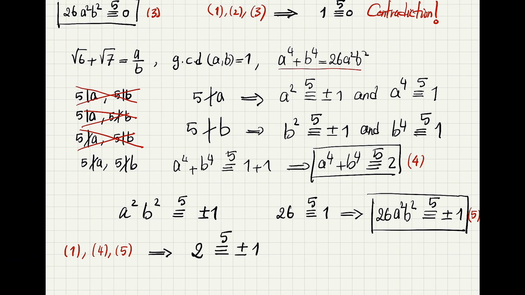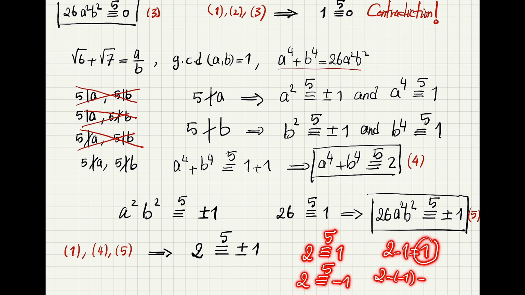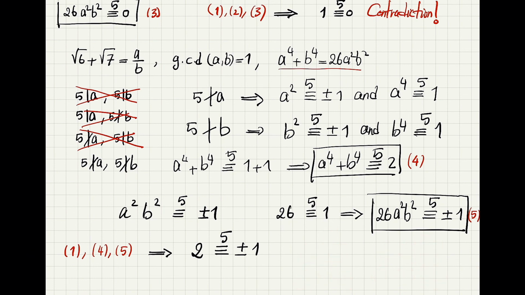But none of them actually can happen. So 2 congruent 1 modulo 5 is completely false, because 2 minus 1 is 1 and 1 is not divisible by 5. 2 congruent minus 1 modulo 5 is also false because 2 minus minus 1 is 3 and 3 is not divisible by 5. So both of them are actually false statements, so this is my contradiction.